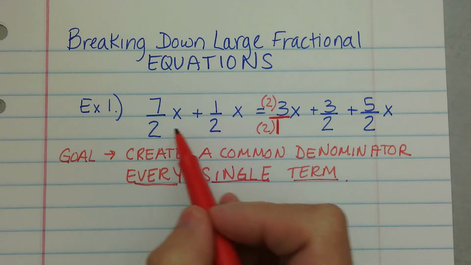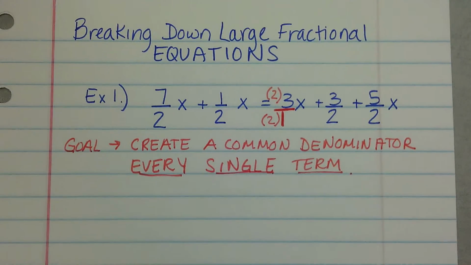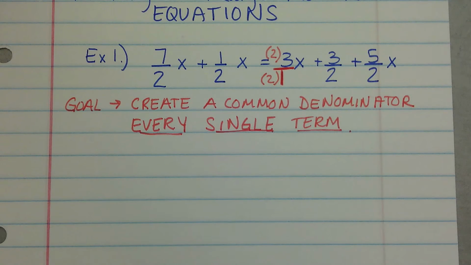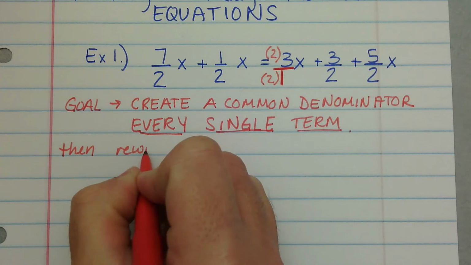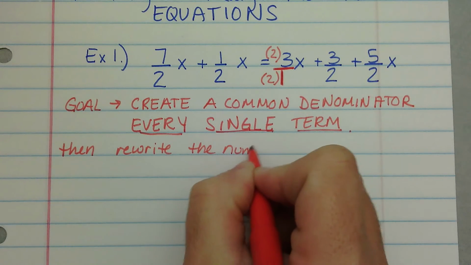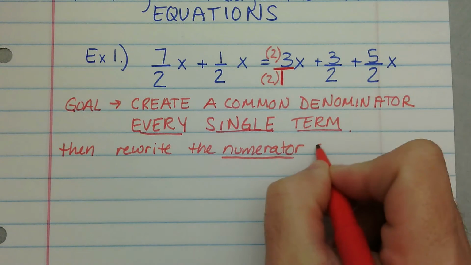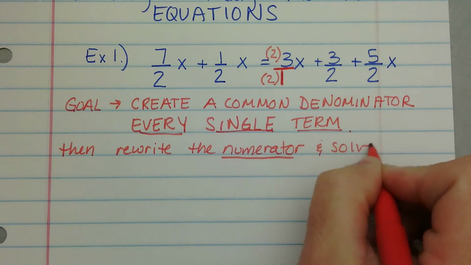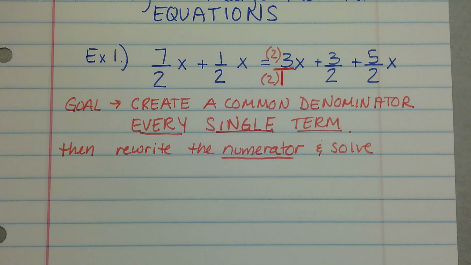Once I create that, every single one of these has a common denominator, every single term, then I can just rewrite the numerator and solve the equation. So I have created it so that all of the terms have a denominator of 2.